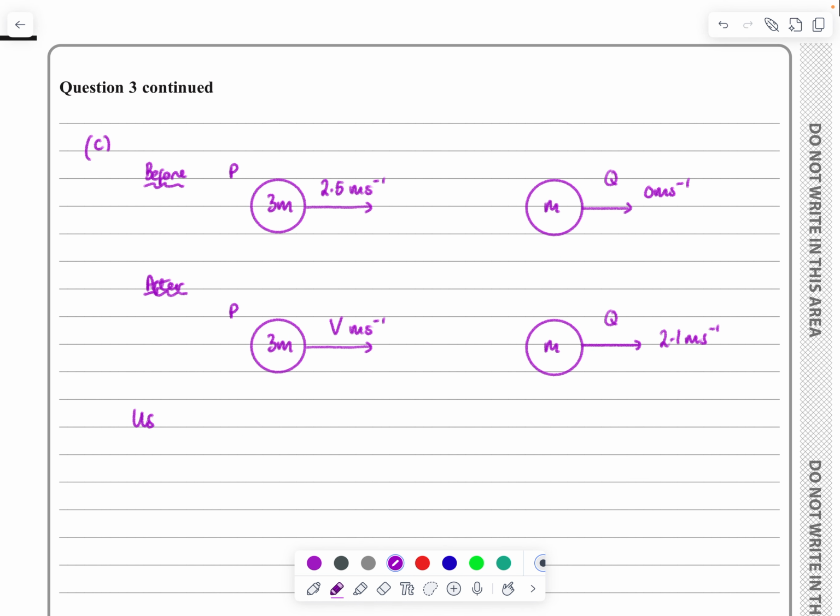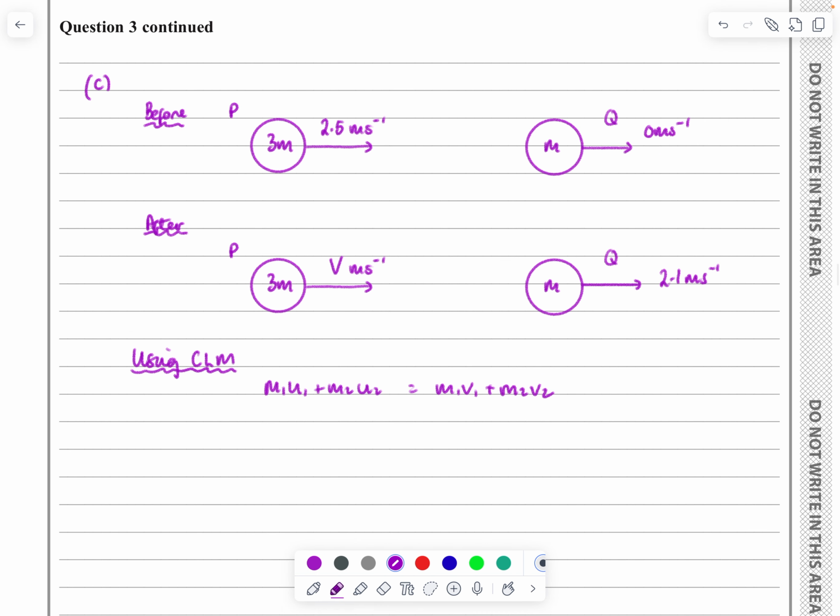So using the conservation of linear momentum, we're going to say M1U1 plus M2U2 is going to be equal to M1V1 plus M2V2. Now we're using all of the diagram here. So what have we got? We've got 3m multiplied by 2.5 plus 0 for the second part is equal to 3m multiplied by v plus m multiplied by 2.1.